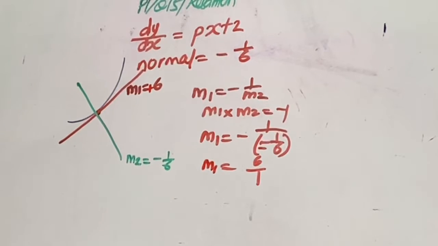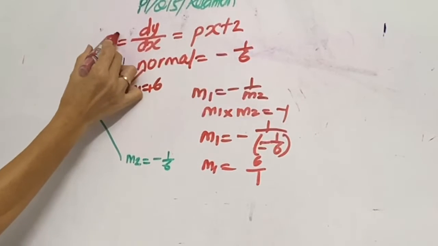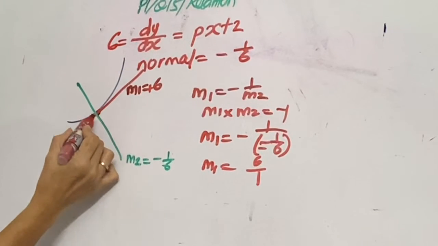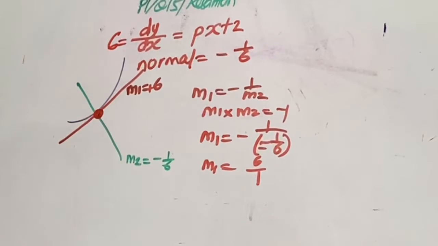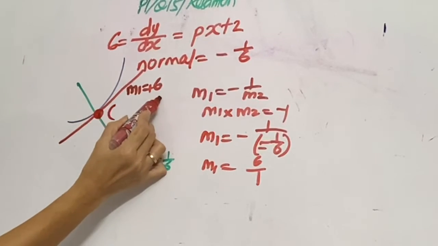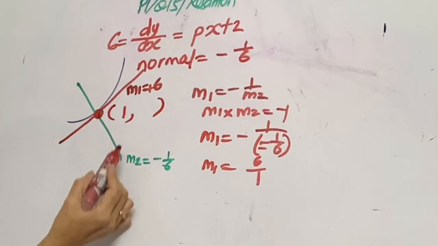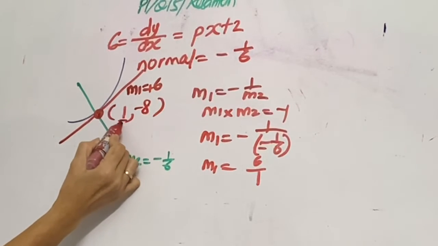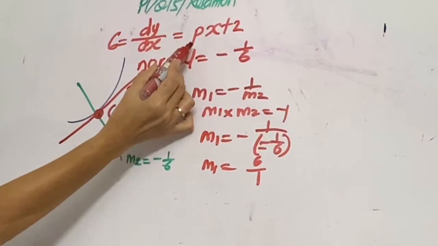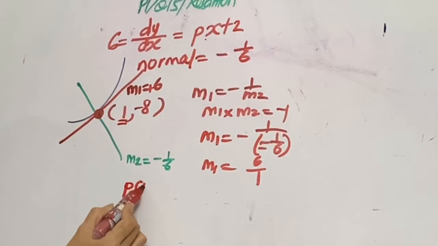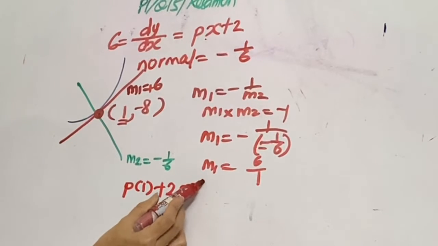So you must know how to relate. M1 is actually your dy/dx. And dy/dx always happens at one point, and dy/dx always uses the x. So we'll substitute x as 1: p plus 2 equals 6.